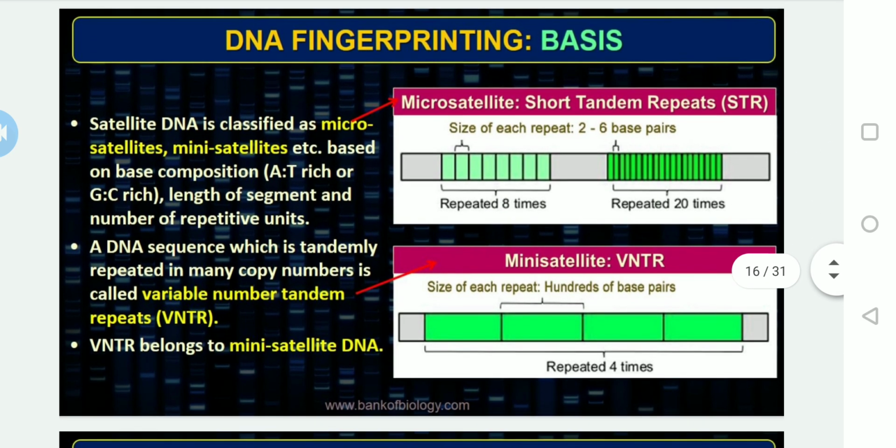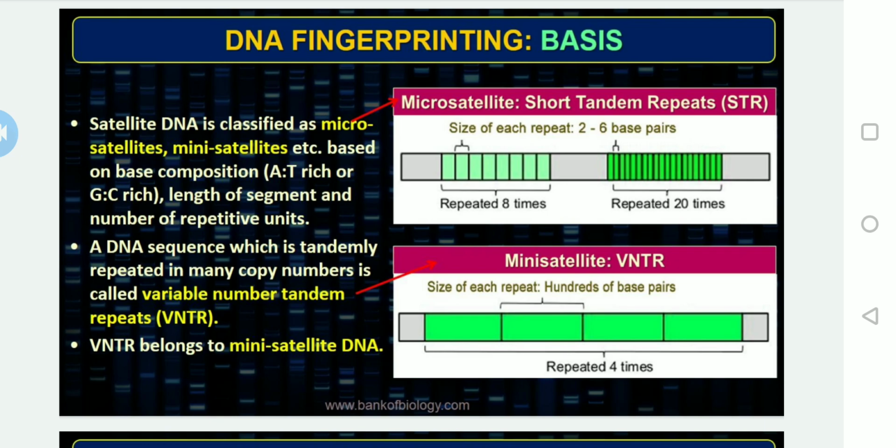And as I said, the satellite DNA is classified as microsatellites and mini satellites, based on base composition. For example, adenine and thymine rich, or guanine and cytosine rich. Likewise, they are separated by the length of the segments and the number of repetitive units.